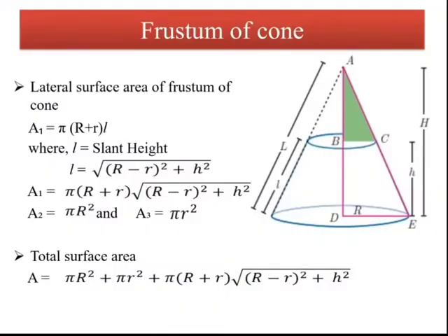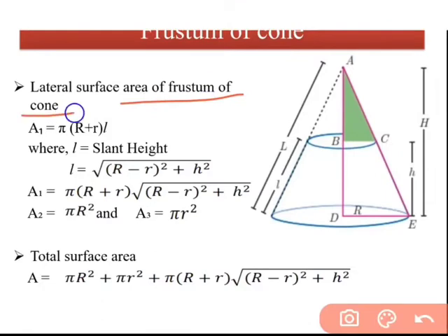Now next we will find the surface area of the frustum of a cone. First we have to find the area of three parts like A1, A2 and A3.